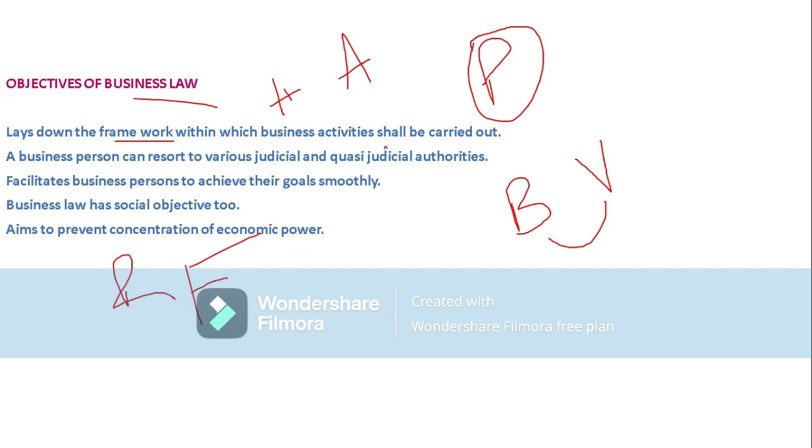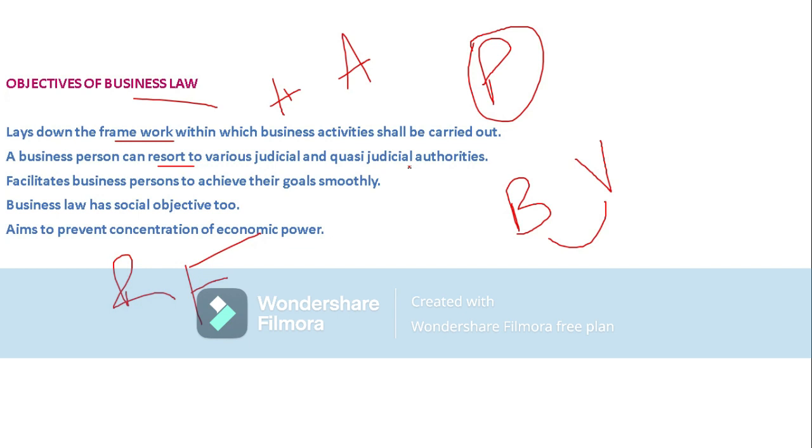If the person who is running the business has had his legal rights violated, then he can go against the government also. That is known as the judicial and quasi judicial authorities. He can resort to them when his legal rights are being violated.